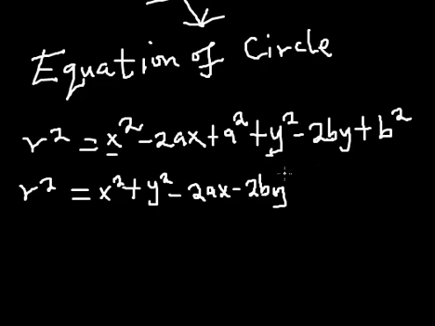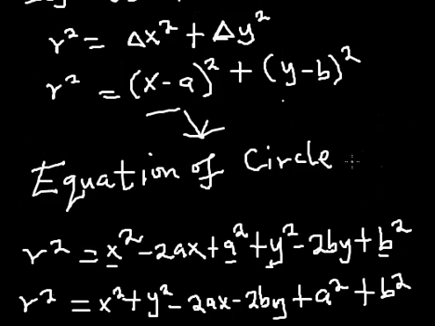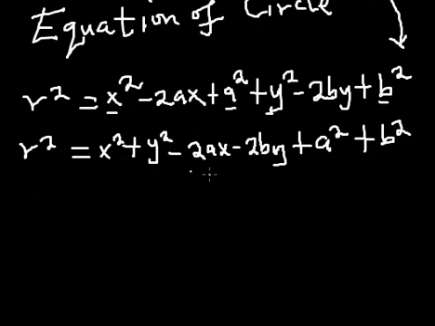Having gotten my minus 2by, I can now write out the plus a square, then plus b square. So this is the standard form of the equation of a circle, after I have evaluated this to have this.